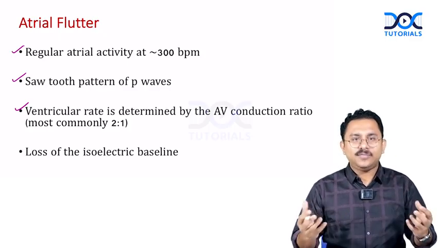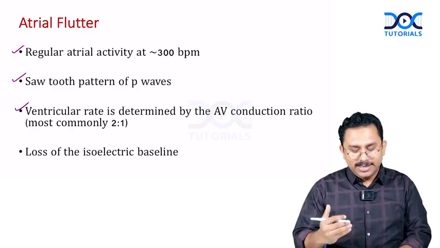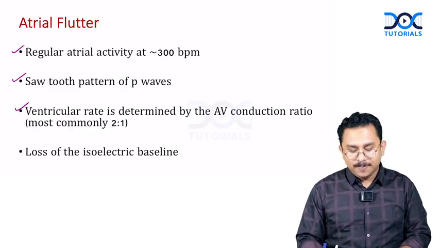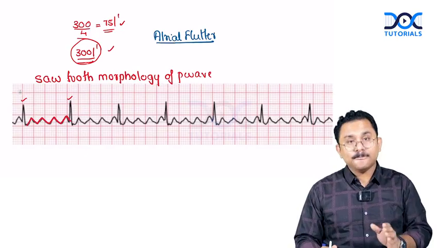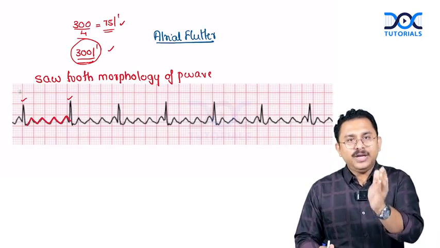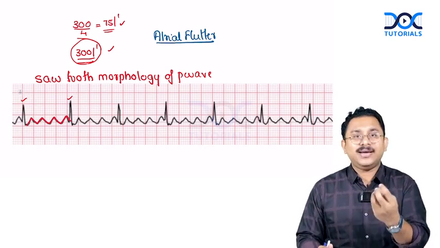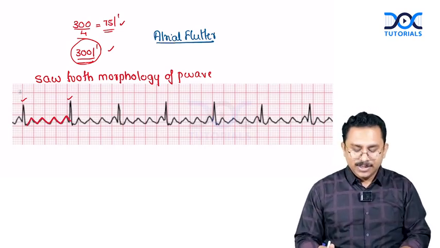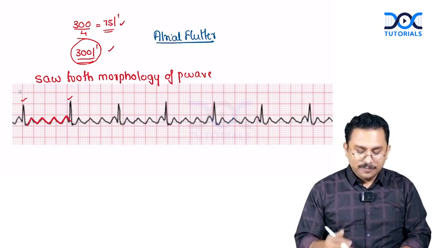You can have any of these ratios. Now here in the ECG, we are having what sort of an AV block? It is 4:1, because only after every 4 P waves you are having a conducted QRS complex, correct? So this would be a 4:1 block.